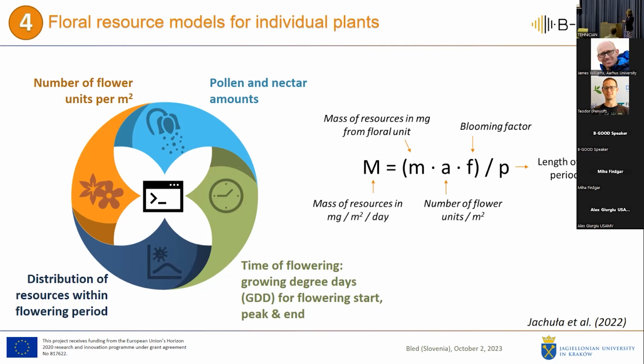And we use this equation from our colleagues from the Lublin University in Poland, which basically says that the mass of resources available per square meter per day is the result of multiplying the number of flowers in this square meter, the mass of flower resources produced, so mass of pollen, nectar, and sugars, and what we call the blooming factor, which I will explain in a moment, all divided by the length of the flowering period in days.